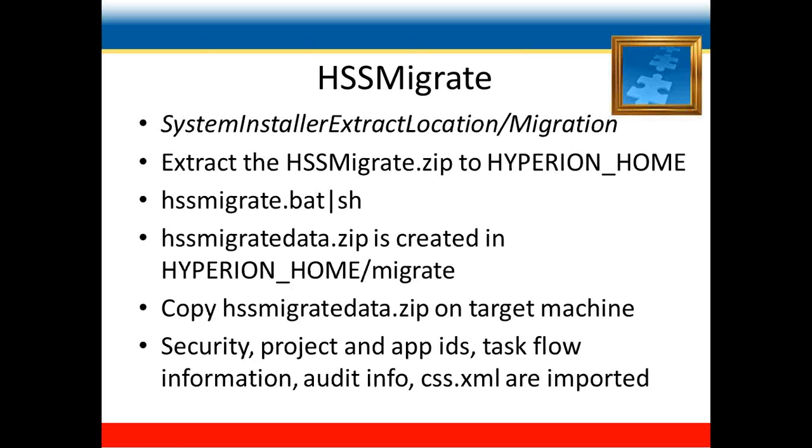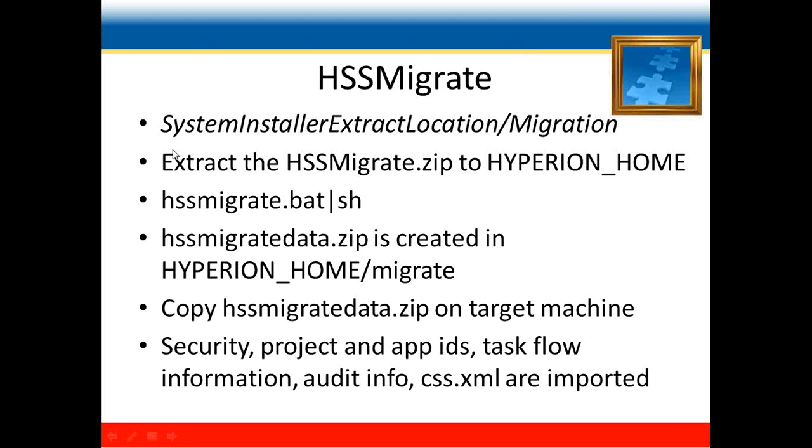Then let's see the execution of this HSS Migrate utility. You will find this under the installation files that you have after downloading, under the migration directory. You will have to extract the HSS migrate.zip file to Hyperion home.